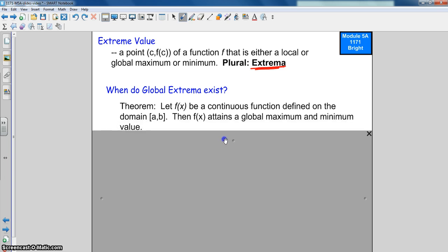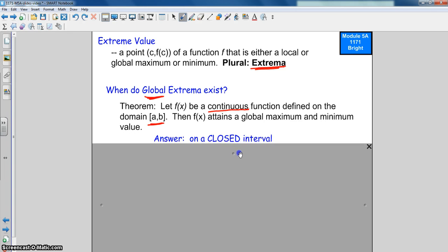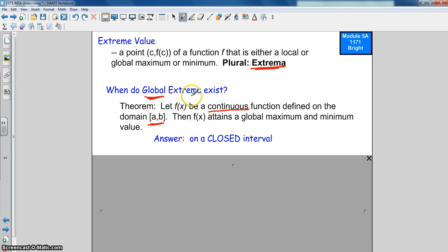I kind of let slip before that there are certain occasions where we have global extrema. In some cases, we won't have them. But if we have a continuous function, remember continuous, you draw it with your pencil without lifting up, defined on a closed interval, then the function attains a global min and max. So global extrema exist for sure on a closed interval.